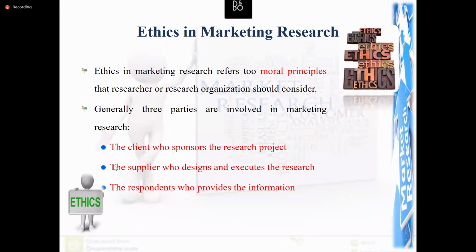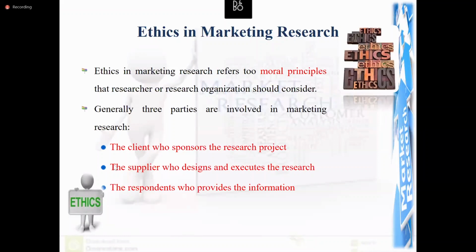And finally, moving on to ethics. So what is meant by ethics? These are the moral principles that we have to apply when conducting marketing research, because this involves collecting information.